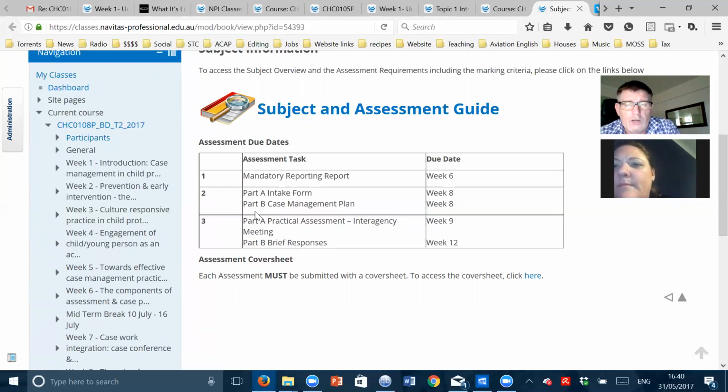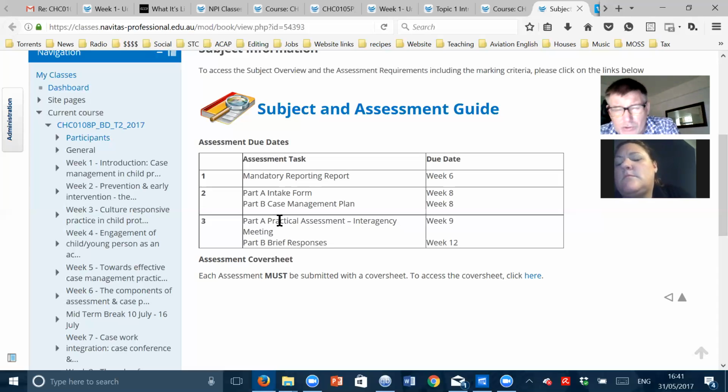So one of the things we're going to be focusing on, and we'll explain this a little bit, is the week 9 interagency on-campus meeting where you go to a workshop and you participate as both a client and in a role. Okay, yep. And you take a number of different roles. But the thing is, we're not training people to do lots of different roles.